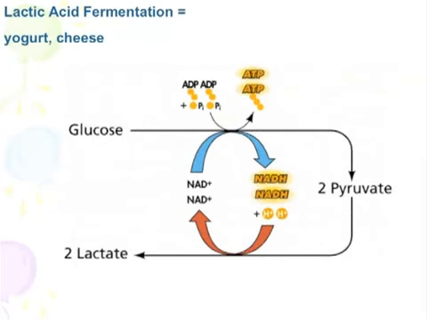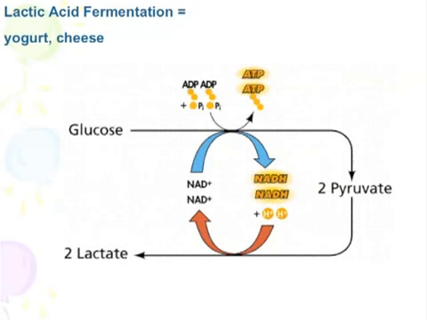Lactic acid fermentation is what we actually go through as humans, and yogurt and cheese go through it. And you'll see you get the glycolysis on the top again, except this time you don't produce carbon dioxides, and you actually just reduce the 2 pyruvates, regenerating that NAD+, and produce 2 lactate or lactic acids, hence the name lactic acid fermentation.